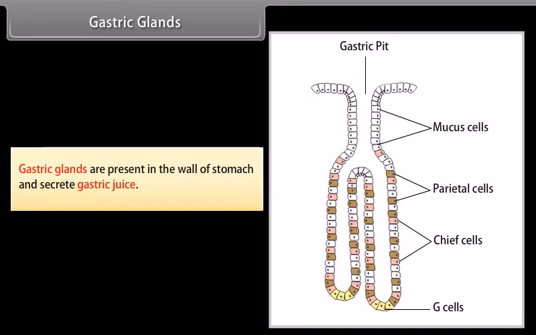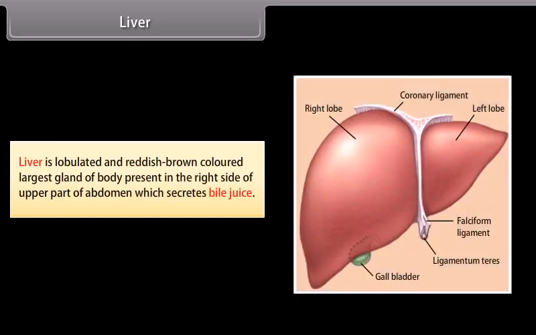Gastric glands. Gastric glands are present in the wall of stomach and secrete gastric juices. Liver. Liver is lobulated and reddish-brown colored largest gland of body present in the right side of upper part of abdomen which secretes bile juice. Pancreas.